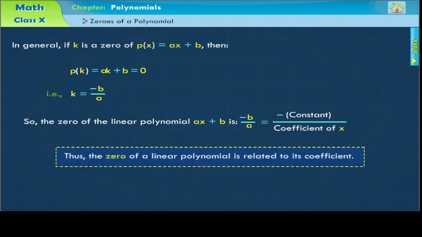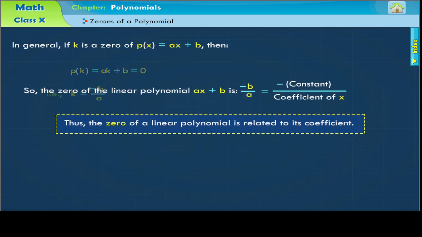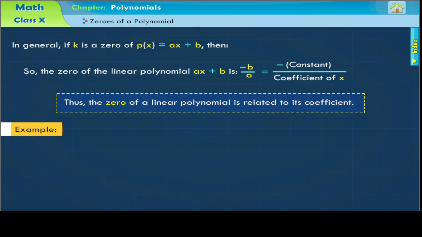Thus the zero of a linear polynomial is related to its coefficient. Let's observe the following example.